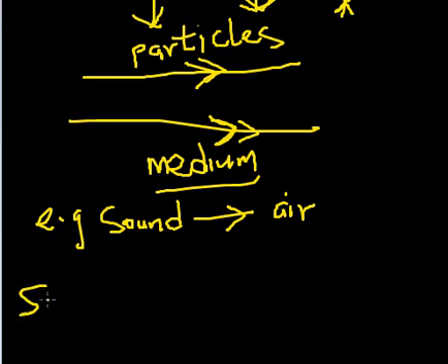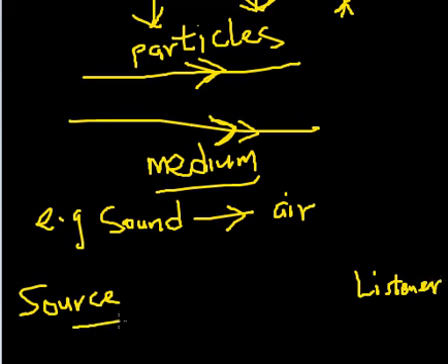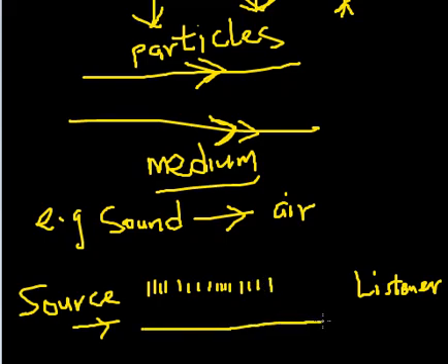Let's say this is a source of sound, and this is the listener. If the sound is being released, air carries it, and the air particles compress at some point, then spread out at some point. It carries it in the same direction as the compression and the spread.